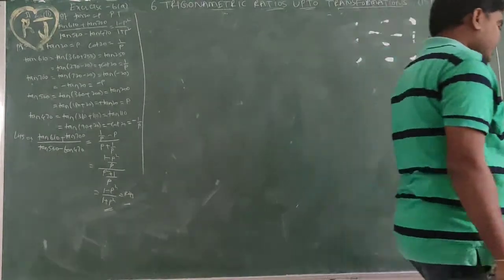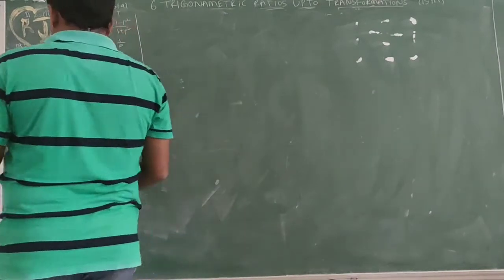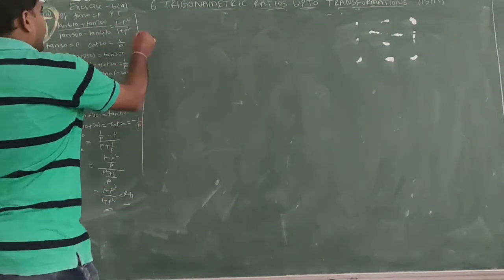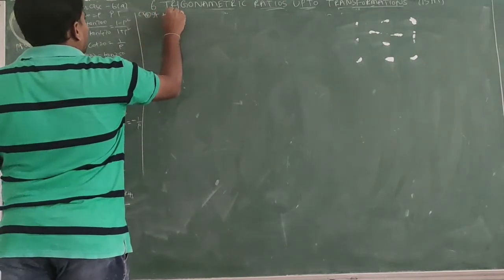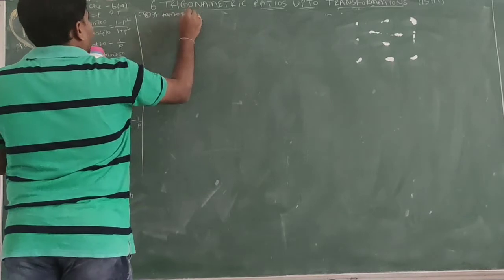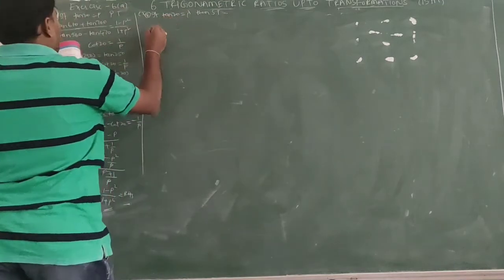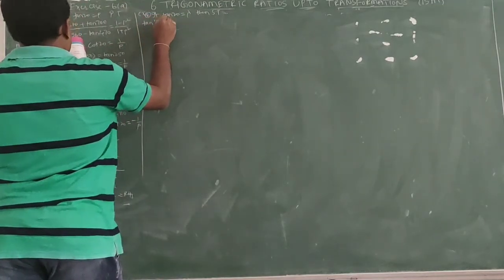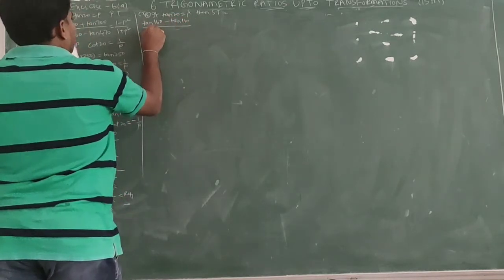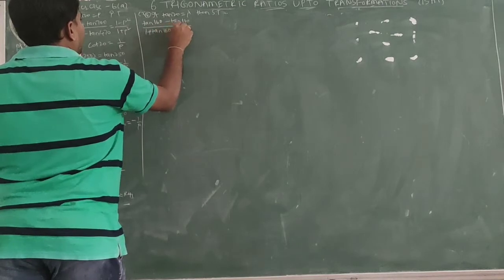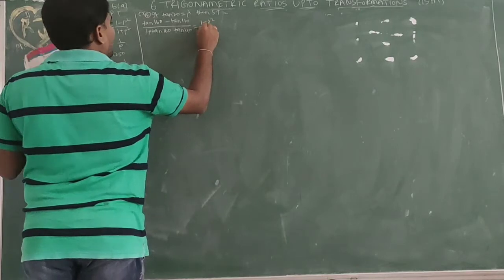So next question. Example 12 is also the same as this. Example 12: if tan 20 equals lambda, then show that (tan 160 minus tan 110) by (1 plus tan 160 tan 110) equals (1 minus lambda square) by 2 lambda.